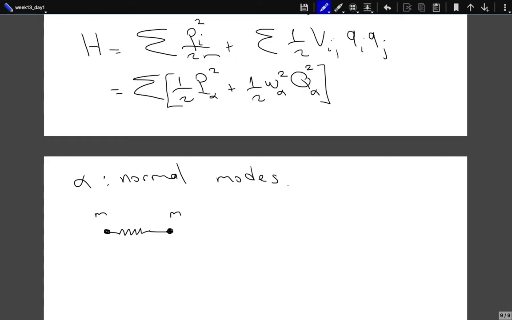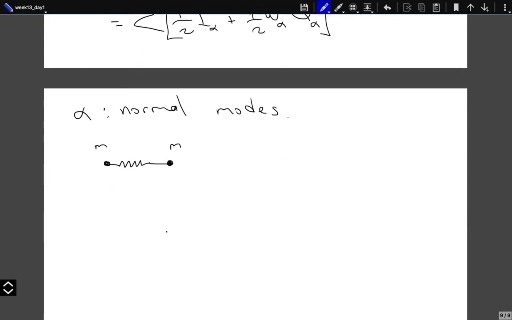Or you can just give each one of these masses equal velocities in a given direction. Again, the shape of the system doesn't change; the system as a whole is translated. This is another normal mode. So the normal modes of the system will be when both masses move in the same direction, or if they move equal amounts in opposite directions.